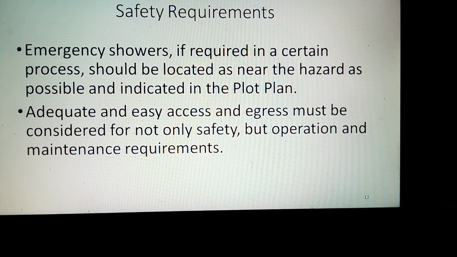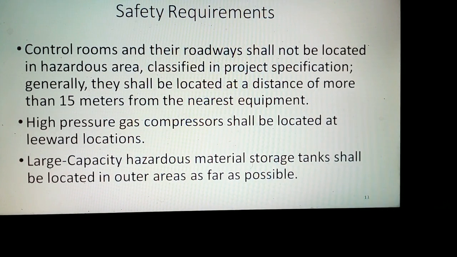Emergency showers, if required in a certain process, should be located as near the hazard as possible and indicated in the plot plan. Adequate and easy access and egress must be considered for not only safety, but operation and maintenance requirements. Control rooms and their roadways shall not be located in a hazardous area classified in the project specification.